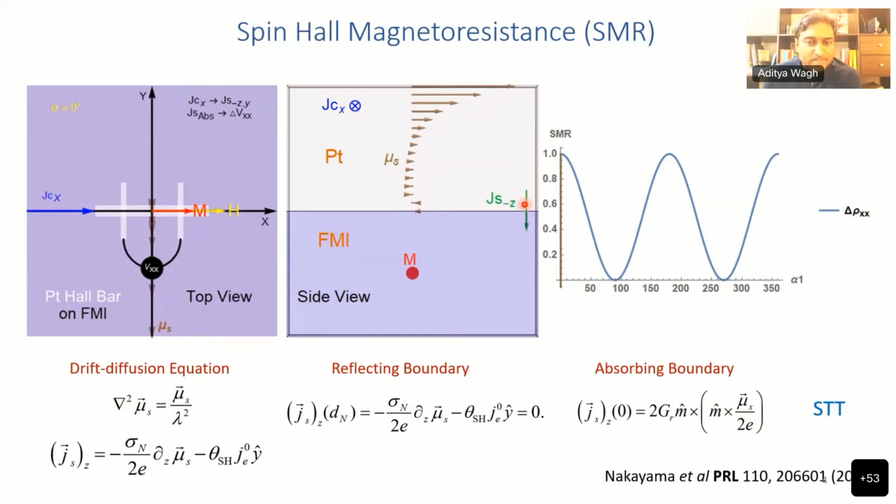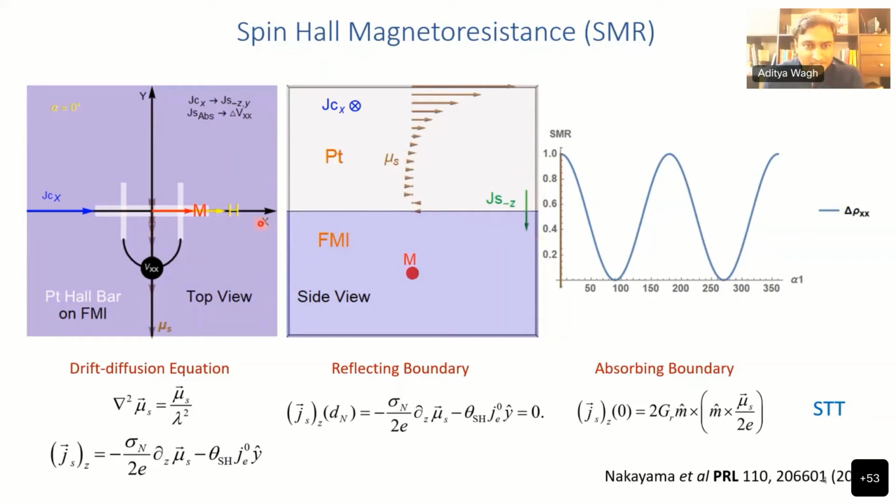What happens here? Since there is spin transfer torque between the magnetization beneath and the mu s spin polarization, and the magnetization is pinned with the magnetic field, the torque rotates back the mu s in the bulk of the platinum. The balance, where the net current was zero earlier, is now not zero; it's finite, and that net spin current gives rise to a charge current because of the inverse spin Hall effect, which changes the resistivity of the platinum layer.